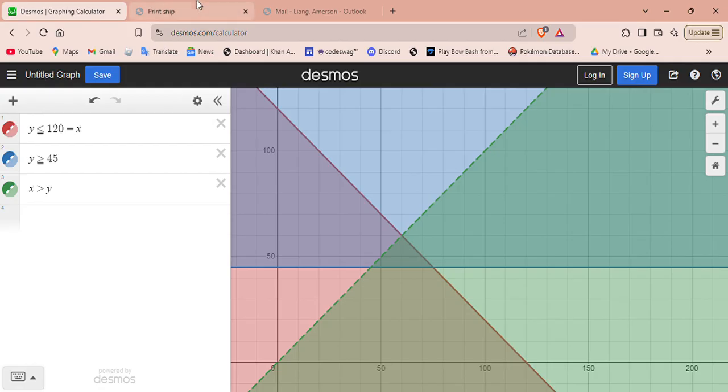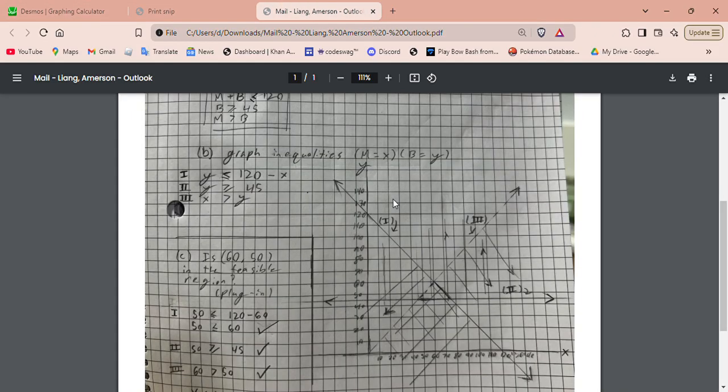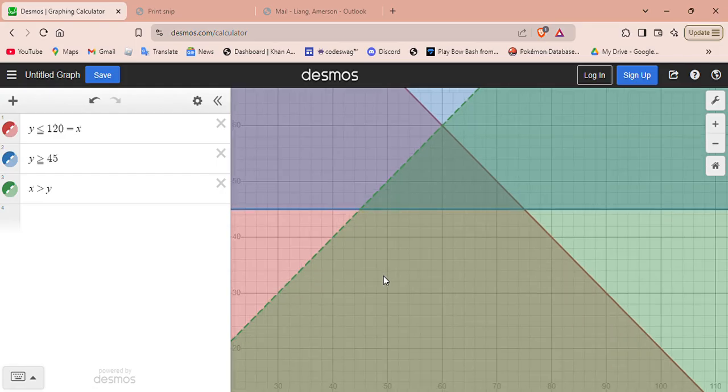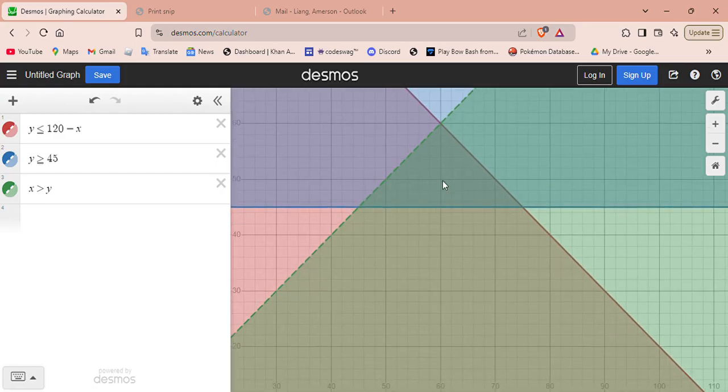To further that, we have a test point in part C of the question: is the point (60, 50) in the feasible region? There are two ways of going about this. Let's use Desmos. We go back to the graph and find (60, 50), which is easy: this is 60, then 50 should be right here. Yes, it is in the feasible region.